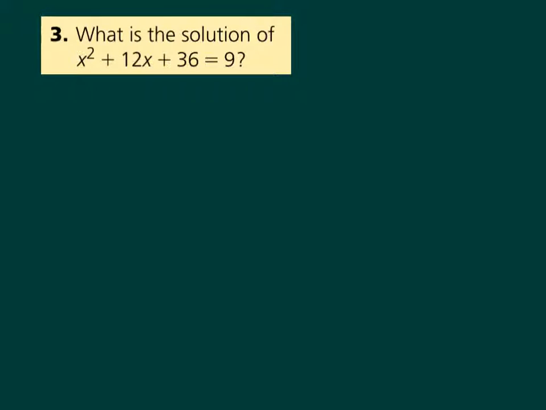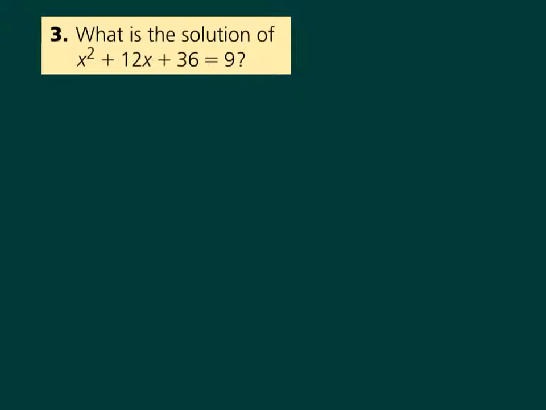Here, this is an example that illustrates the goal of completing the square. Because in this case, we do not have to complete the square. In this equation, on the left-hand side, we already have what we defined earlier as a perfect square trinomial.